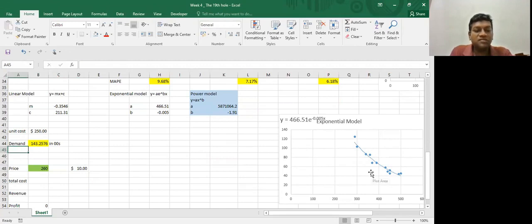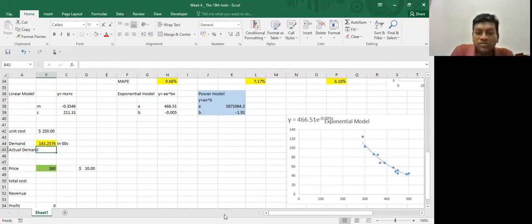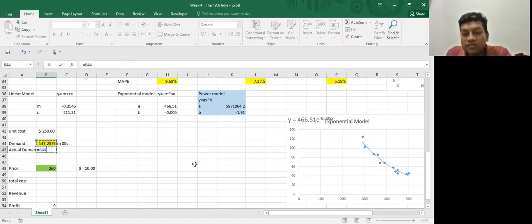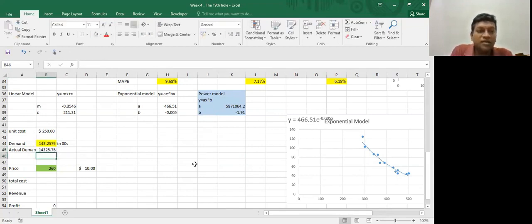The actual demand will be this value multiplied by 100, not thousands, in hundreds. So it will be 143.26 because it is the number of clubs. We'll kill the decimals.